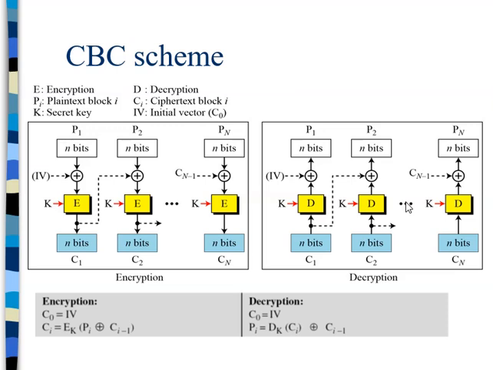And for decryption, we use the same mechanism, which means that in order to decrypt, we use the result of the previous step in order to decrypt our ciphertext. For instance, C2 is the input along with our key, and also the output of the previous section. And similarly, for the first block, we use an IV.